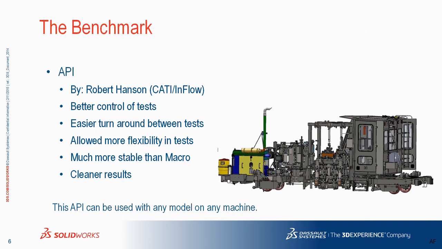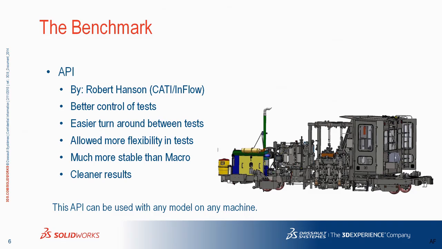Now the benchmark we used. In the past, we used a macro to do this, but in more recent years, we used our programming team from Inflow Technology, one of our sister companies, to build an API interface for us that allowed us to control the test better, gives us easier turnaround on those tests as well, so we can do one right after the other very, very simply and easily. But it also allowed for more flexibility in the test.